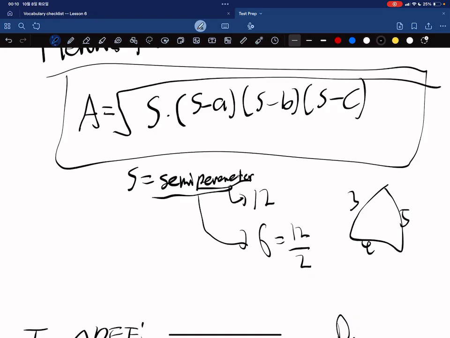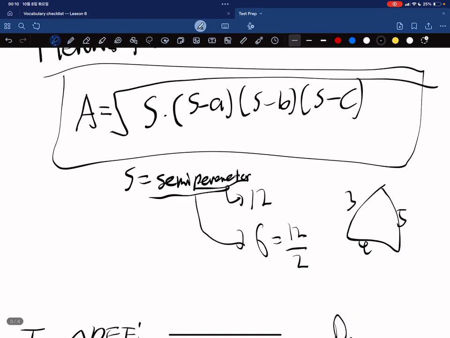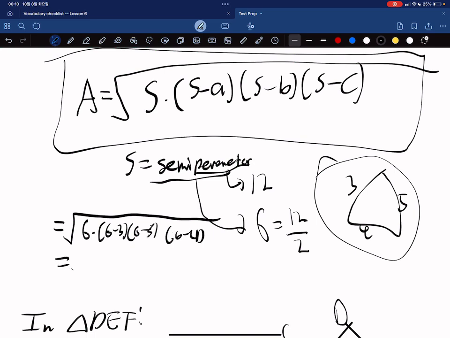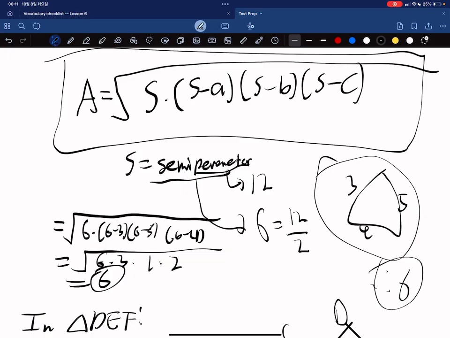Therefore, to find our area for this triangle, we do 6 times (6 minus 3) times (6 minus 5) times (6 minus 4), or 6 times 3 times 1 times 2, which is 6. So our area for this triangle is 6.